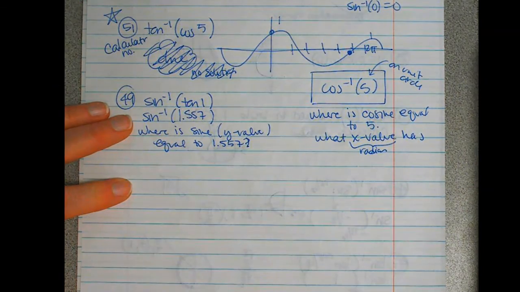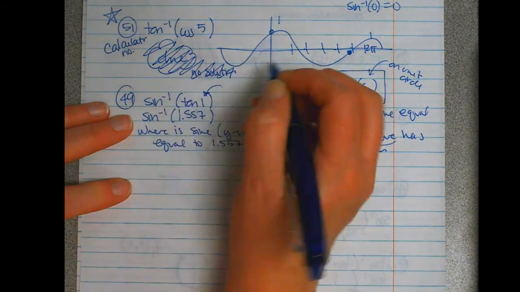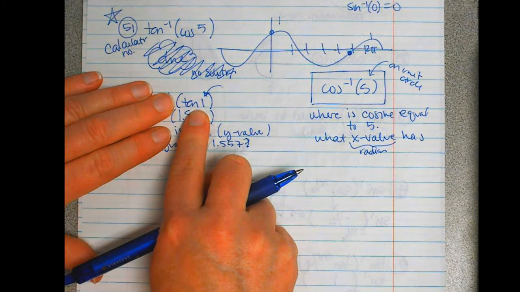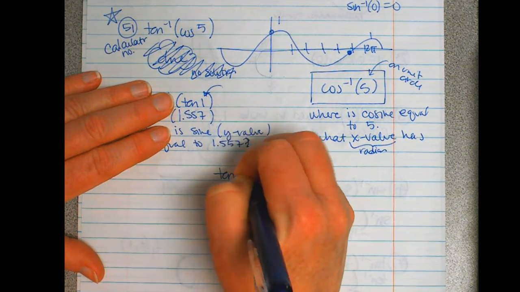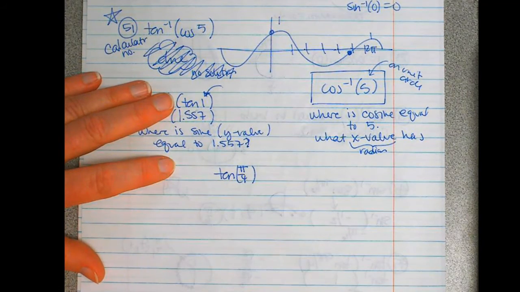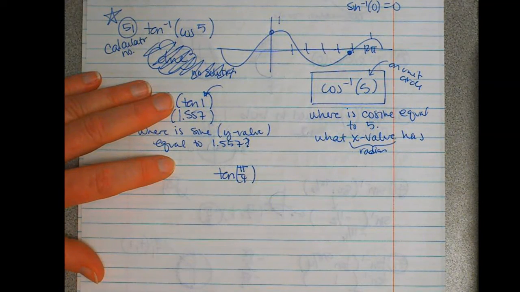Wait, why is tangent of 1 not pi over 4 where it's... Oh, we can't go to 1.5 because this is the angle, not the, this is saying that you go to 1 on the unit circle. So here's the difference. Tangent of pi over 4 means put the x and the y value from pi over 4 into your equation.